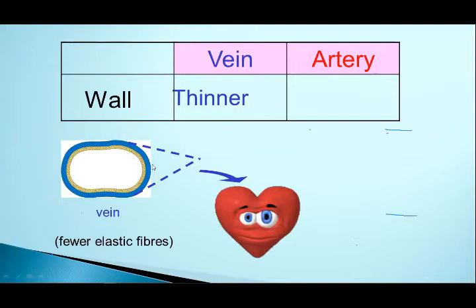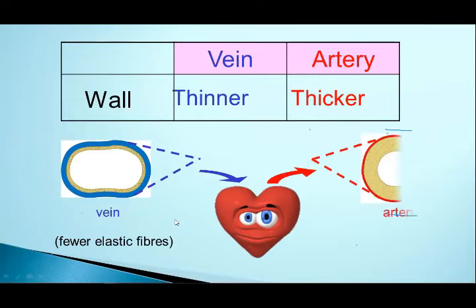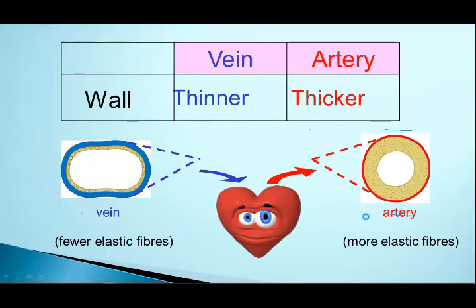This outermost is called the externa, then you have the media, then you have the intima. Now this vein has fewer elastic fibers. Please remember, so they are not that elastic. But if you compare them with the artery, the artery walls are comparatively thicker. Have a look into this wall. They are much thicker, isn't it? So they have much thicker walls, right?